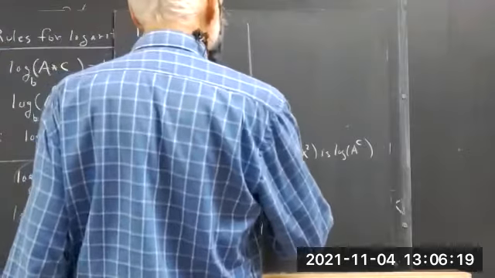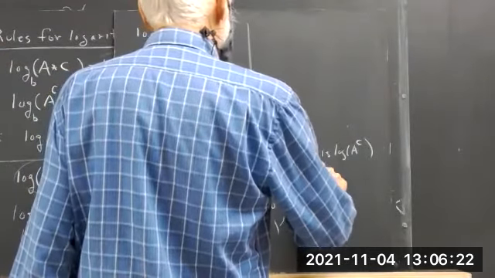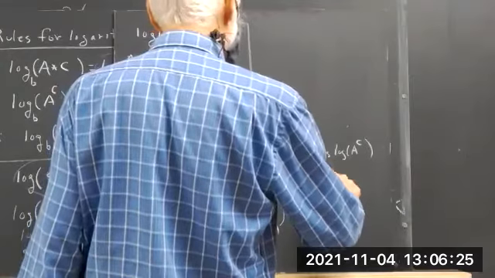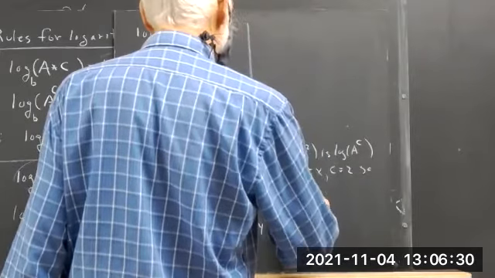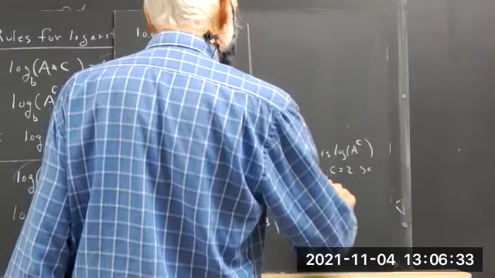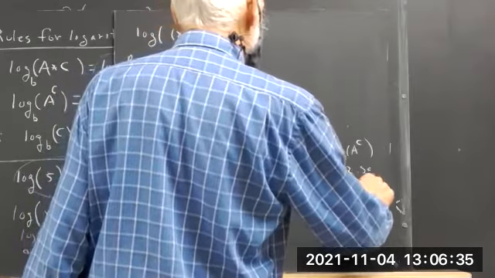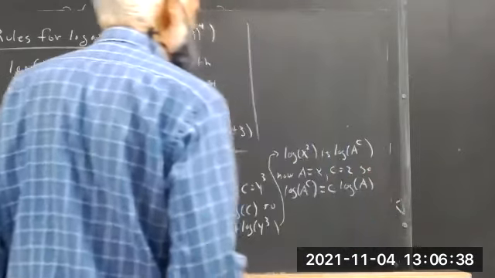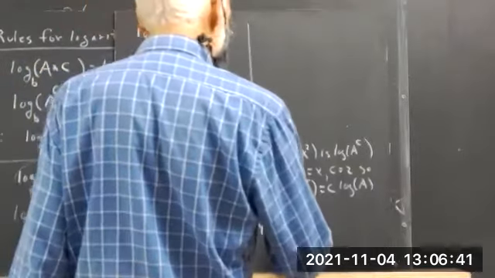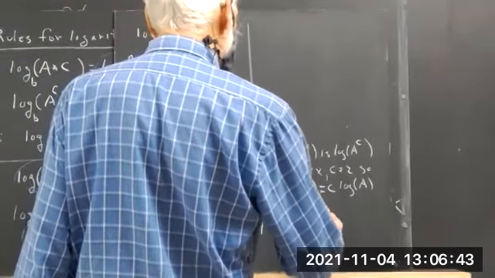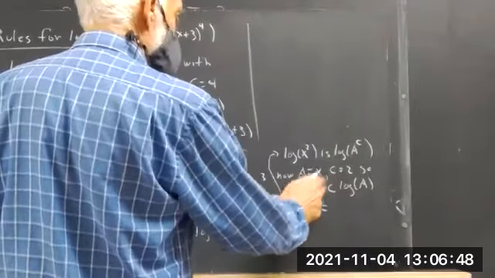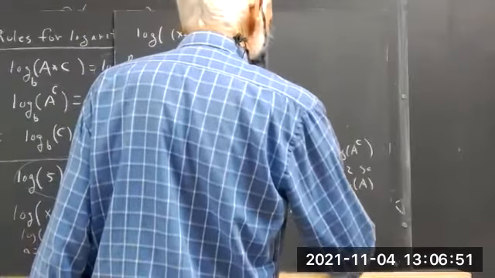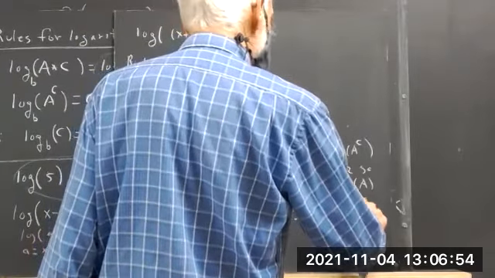Now a equals x, c equals 2. So log of a to the c equals c log of a. So it's a log of x squared, because a is x and c is 2, equals c, which is 2 times the log of a. Okay.